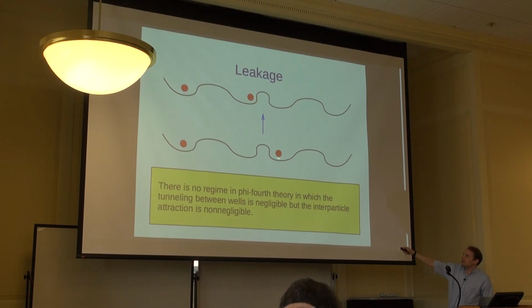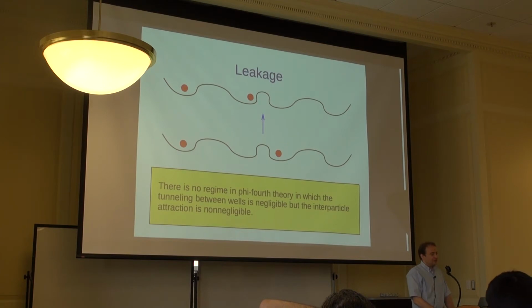We've now squeezed these 2 wells closer together. This particle might be able to tunnel over here. Now this double well has 2 particles in it. What does that represent for this qubit? I don't know. And this one doesn't have any. What does that represent? So we've gotten outside of our coding subspace.